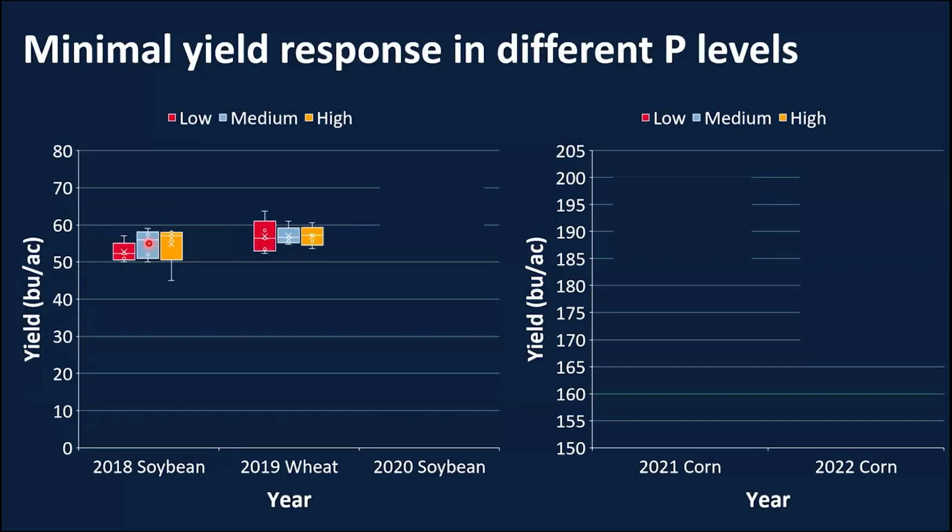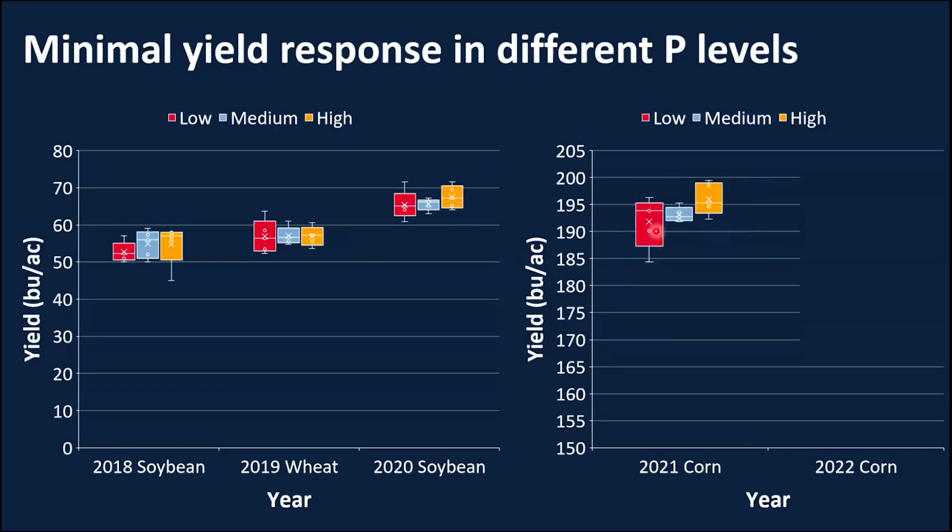In 2019, for our wheat crop, similar story: regardless of soil test phosphorus level, the same yielding levels. In 2020, with our soybean crop, we see a little bit better yielding year than 2018, but we still see the same level of yields regardless of that soil test phosphorus level.